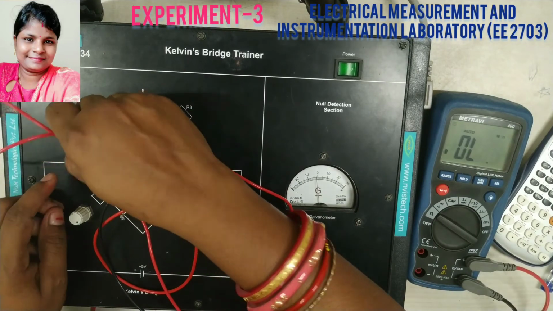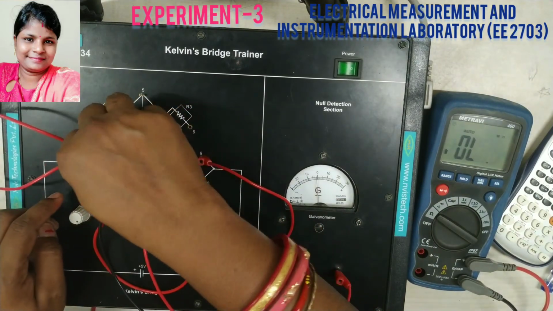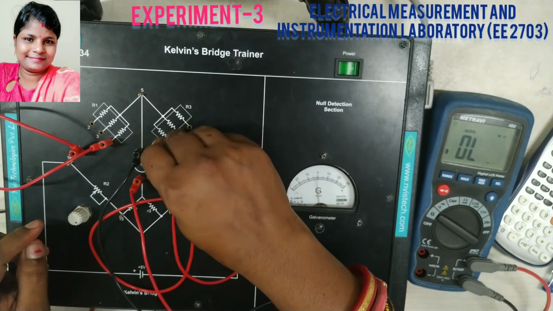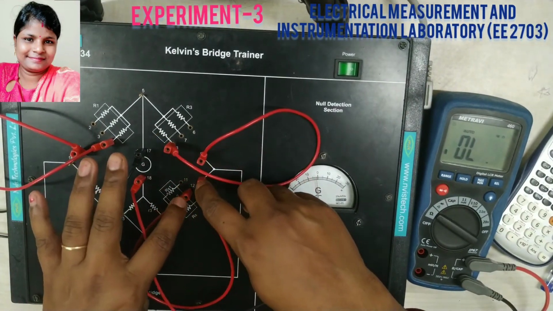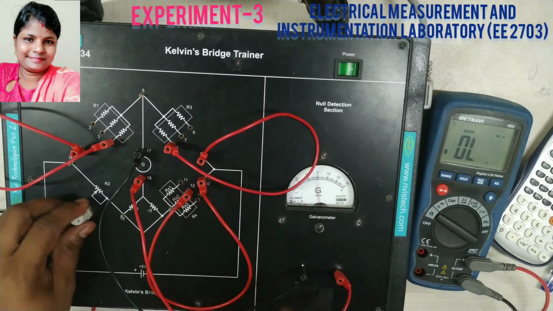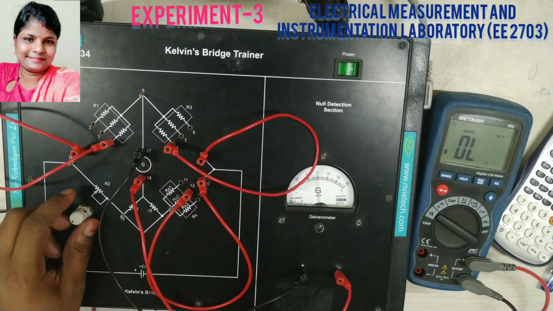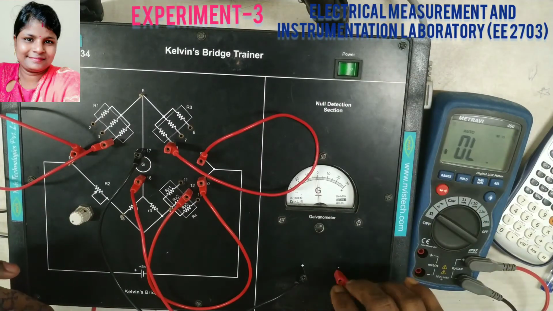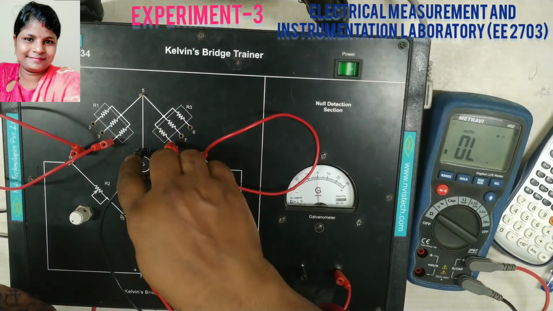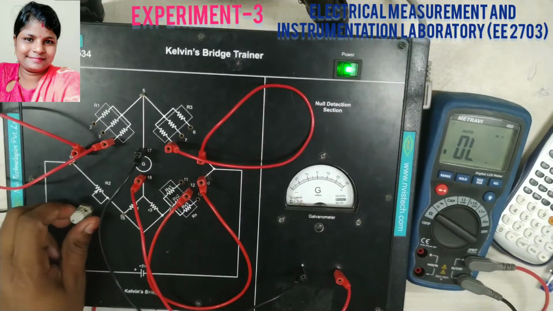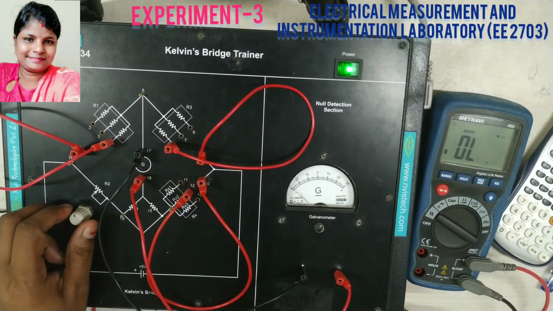So connect between 1 to 4, connect between the terminals 9 and 8, and this connection is same as before, 10 to 12, and the potentiometer must be in minimum position, and this connection is done. So switch on the power and vary the potentiometer until the galvanometer gives null deflection.